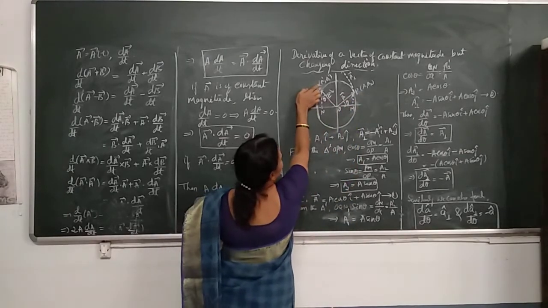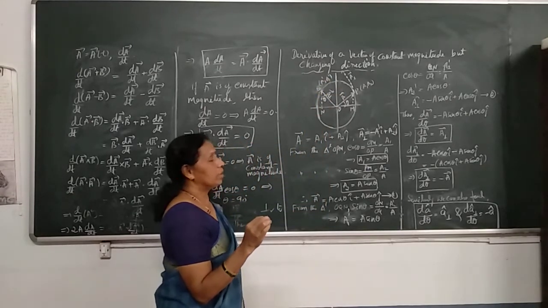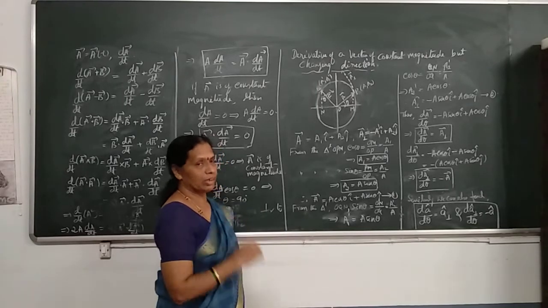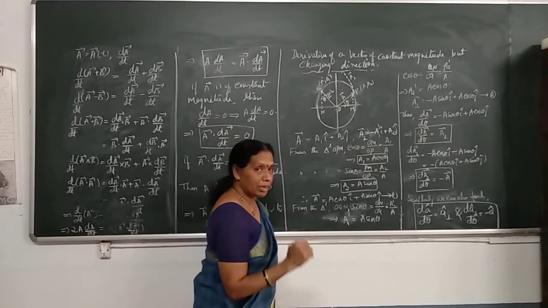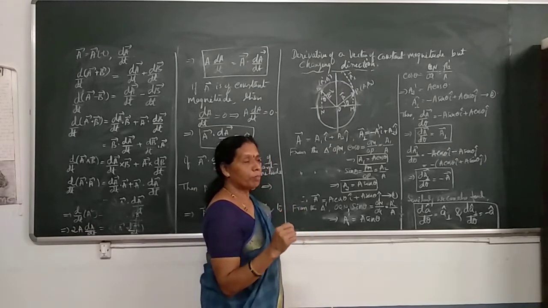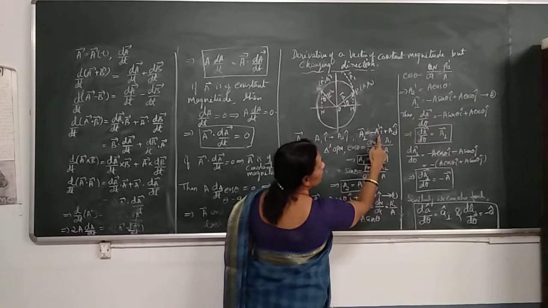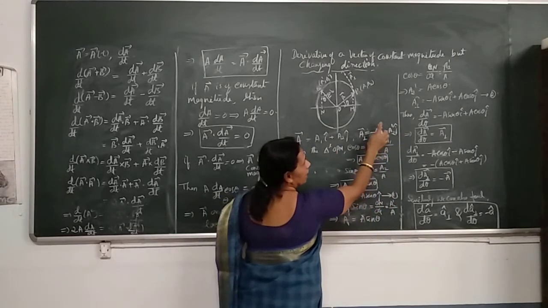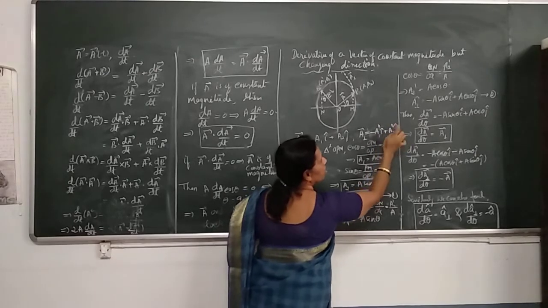Let A1 dash and A2 dash be the components of the A perpendicular vector along x and y directions respectively, so that the A perpendicular vector can be represented in terms of its components as minus A1 dash i cap plus A2 dash j cap.